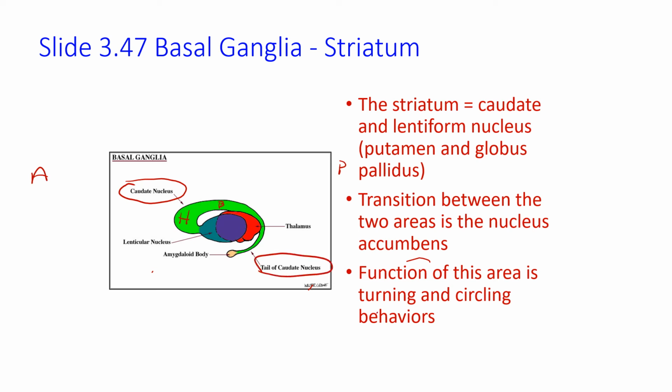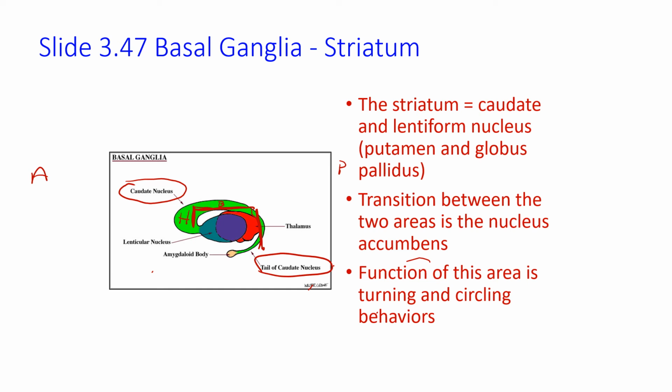And as we look at it, we're going to see that there are no sharp lines of demarcation between these three different areas. But one way to look at this is we can say that the head is basically vertical, the body is basically horizontal, and then the tail is going to be, again, more or less vertical. The caudate nucleus is going to be found on the lateral side of the lateral ventricle.